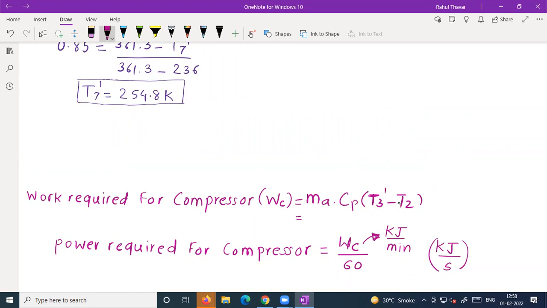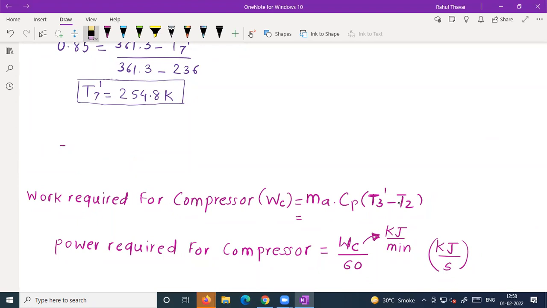In the simple air cooling cycle I already derived this formula: mass of the air is given by 210 into Q divided by Cp into T8 minus T7 dash.